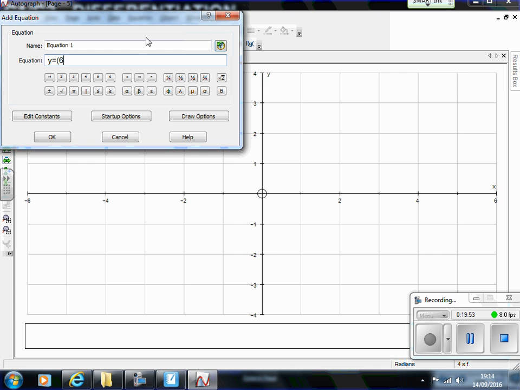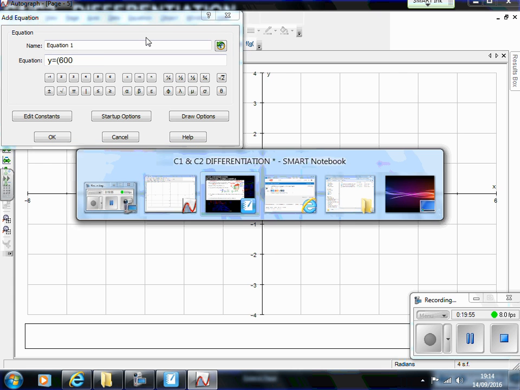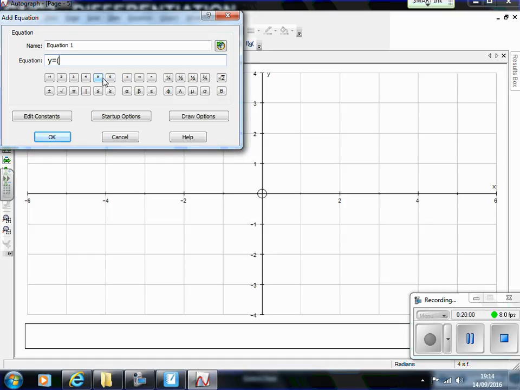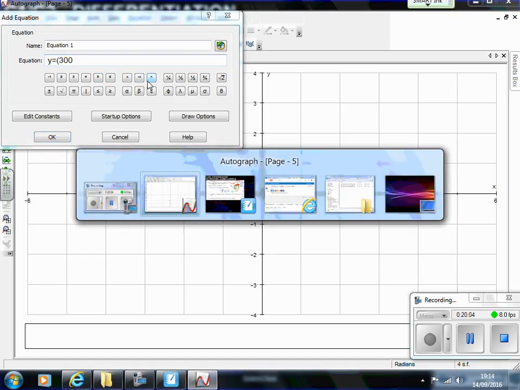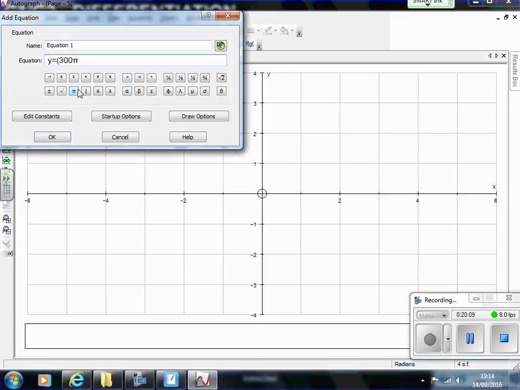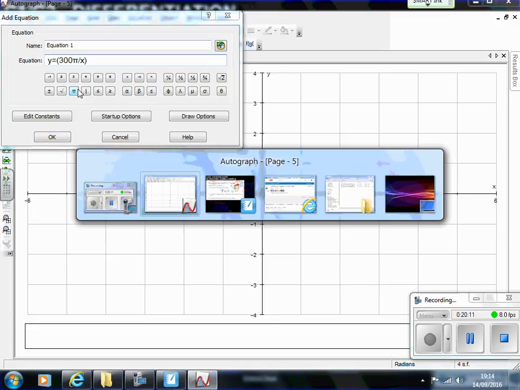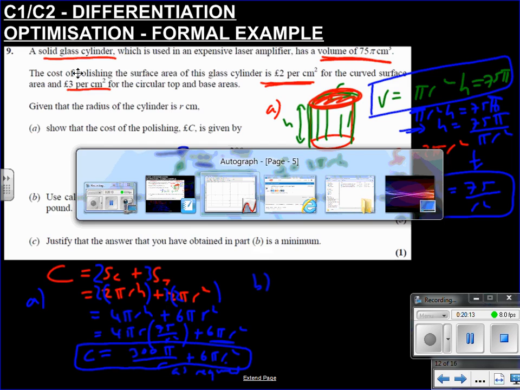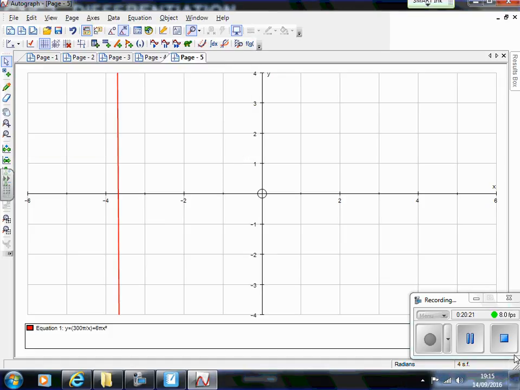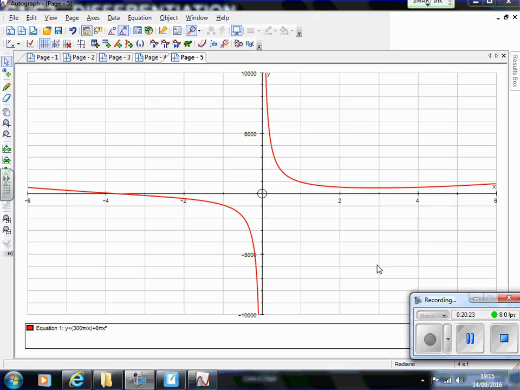So this is 300 pi over r, so 300 pi divided by x, and then we got plus 6 pi x squared, bang, and here's your graph.